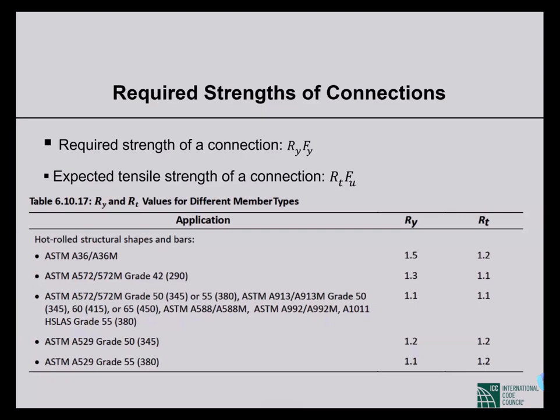Now, we know that materials have reserve strength. So that reserve strength is reflected here. This is called expected strength. So for expected strength, we multiply Fy and Fu with some factor more than 1 to calculate it.